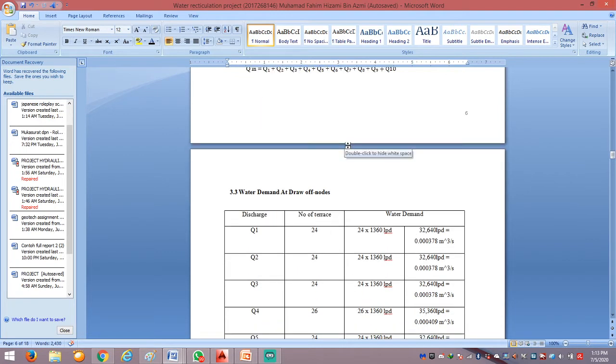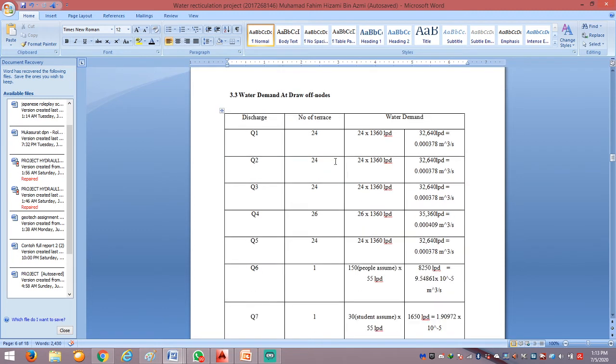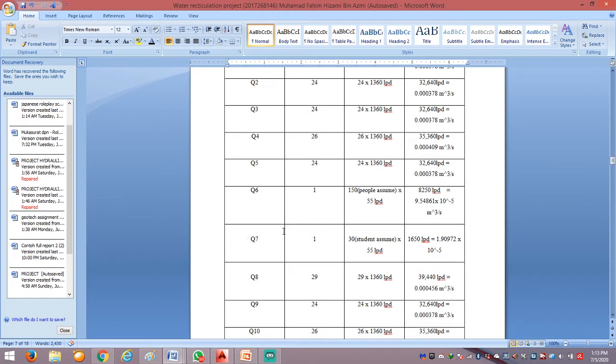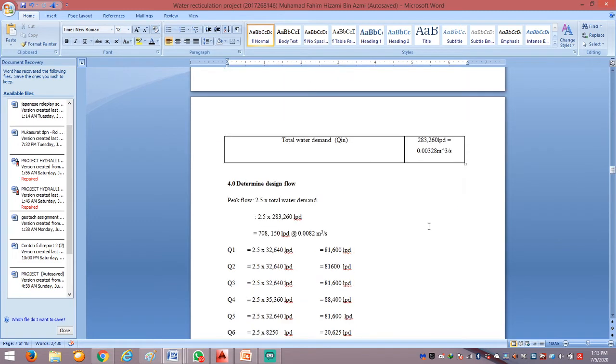This is my water demand draw-off node table. For example, Q1 supplies water to 24 houses, Q4 supplies 26 houses, and Q7 supplies the kindergarten. So the total is 0.0328 meter cube per second.